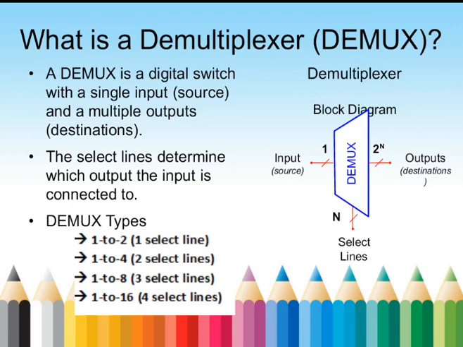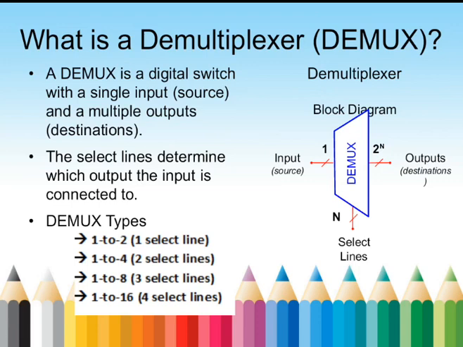So from the given block diagram, the demultiplexer has only one input data line called the source, and it will reproduce the output on 2^n lines called destinations, and it will have n selection lines. Similar to the multiplexer, the demultiplexer also has several types.